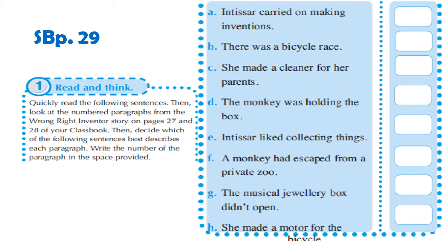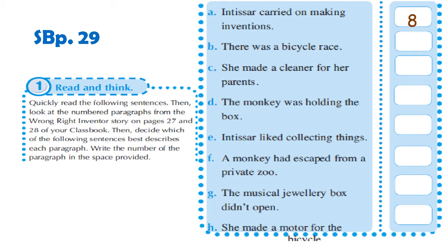If you read the story, you can answer these questions. But let's now turn to the answers of this activity. Intisar carried on making inventions. So carried on means continued. So this is paragraph 8.